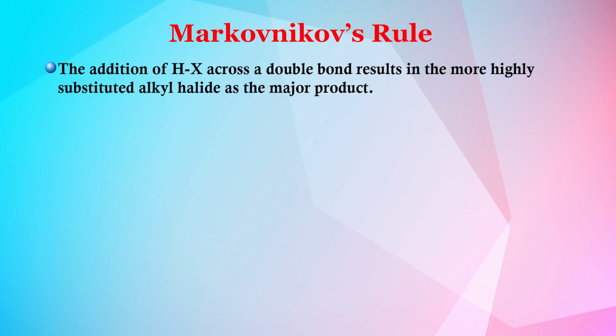HX is an unsymmetrical reagent because it is made up of 2 different atoms, hydrogen and a halogen atom. So when we add an unsymmetrical reagent to an unsymmetrical alkene, it follows Markovnikov's rule. What does Markovnikov's rule say?